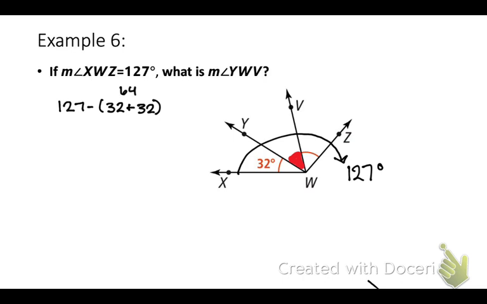It's better to write 32 plus 32 and then the 64, so I know where you got 64. Because sometimes 32 plus 32 would be like 63, because our brains like to do that, right? So if you tell me where you got it, I won't worry that you don't know what you're doing. Make sense? Okay, so let's subtract. We get 63 degrees. Okay, so the measure of YWV is 63 degrees.